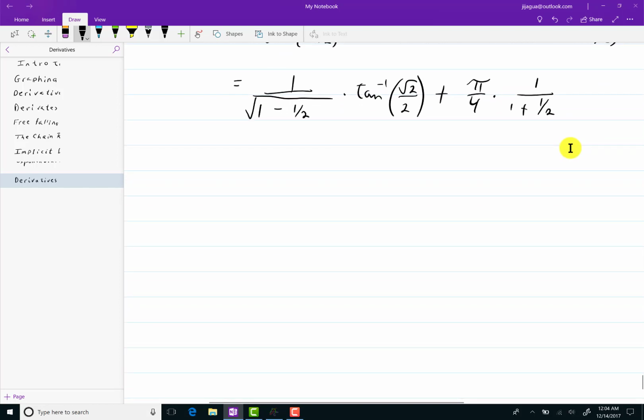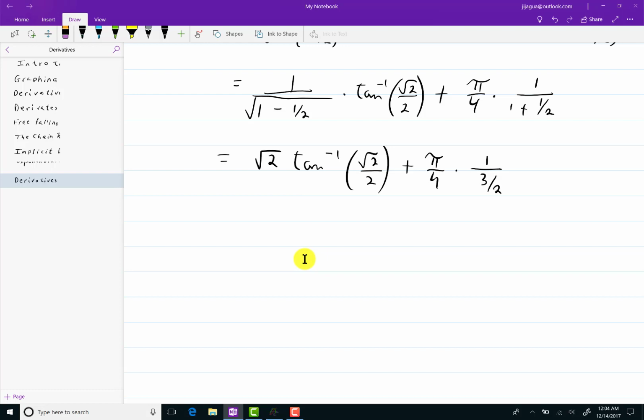Now, since I'm going to be using this in a problem, I'm going to simplify this as much as I possibly can. 1 minus 1/2 down here will give us the square root of 1/2, which will simplify to be radical 2, arctan of radical 2 over 2, plus pi over 4 times, I have 1 over 3/2, or better yet, let me call that 2/3.